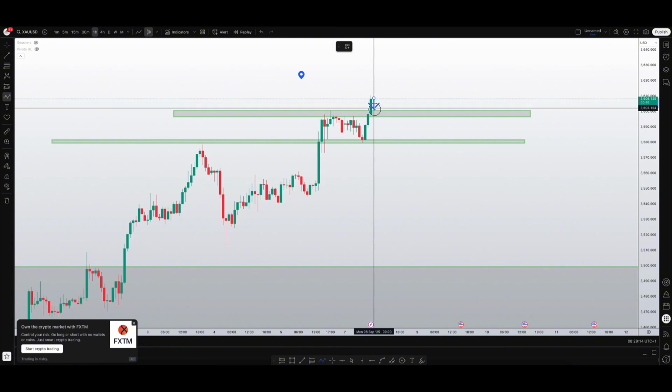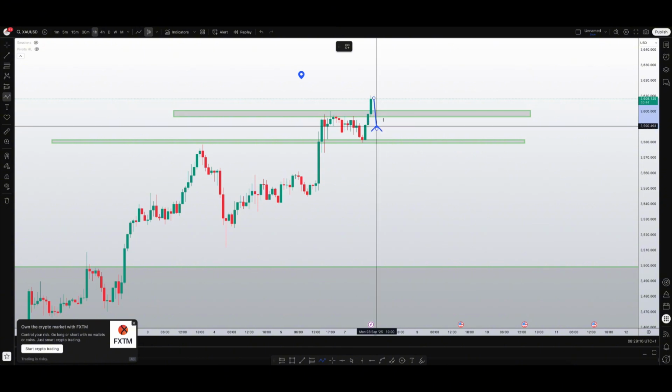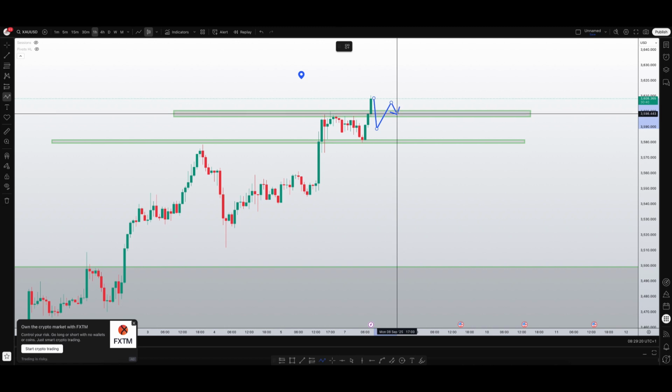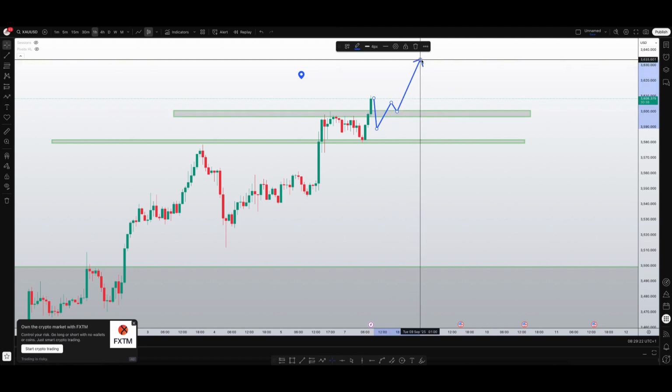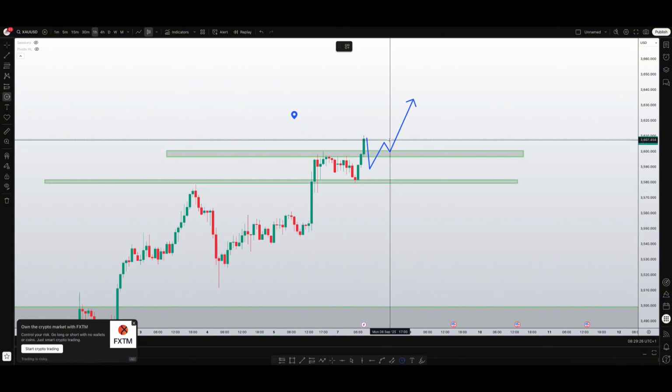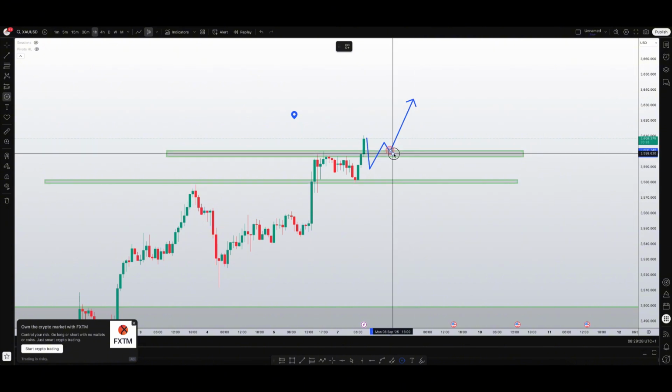Just watch out for this gold to drop into this zone, then come back out and retest, then take a buy. This is your zone, this is your entry point. So you can take a buy there and target like 1 to 4.